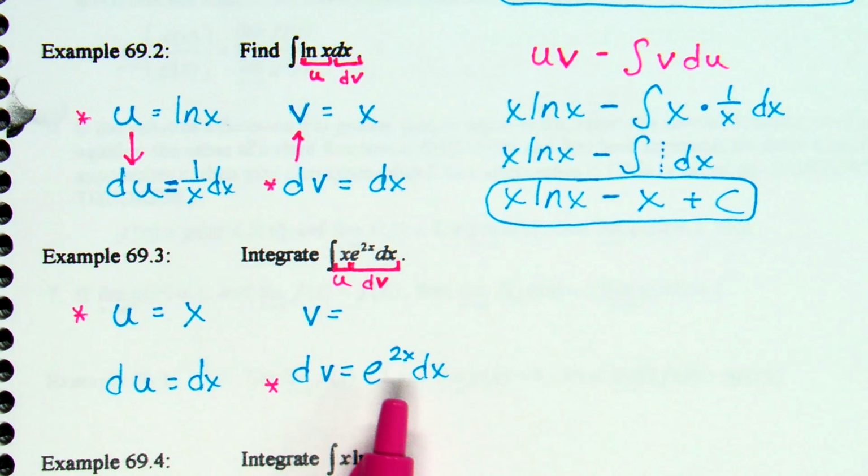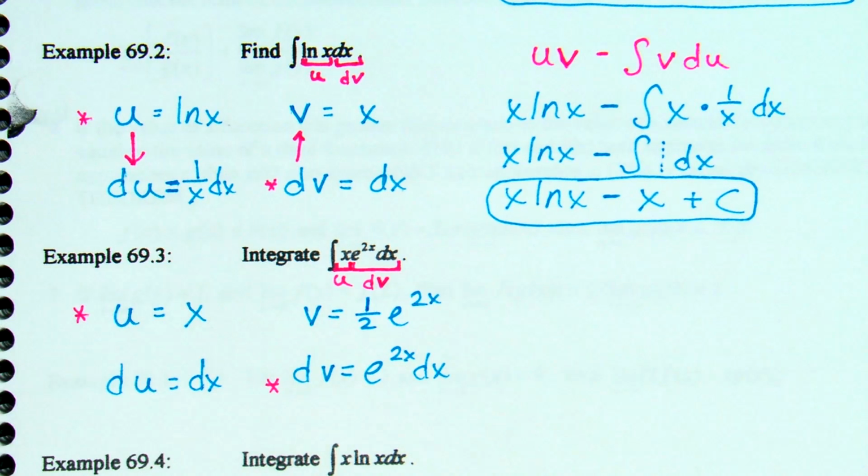What's the derivative of 2x? 2. So that's if we took the derivative. We're trying to go backwards and do the integral. So what compensates for a 2? A 1/2. So that means v is 1/2 e to the 2x.